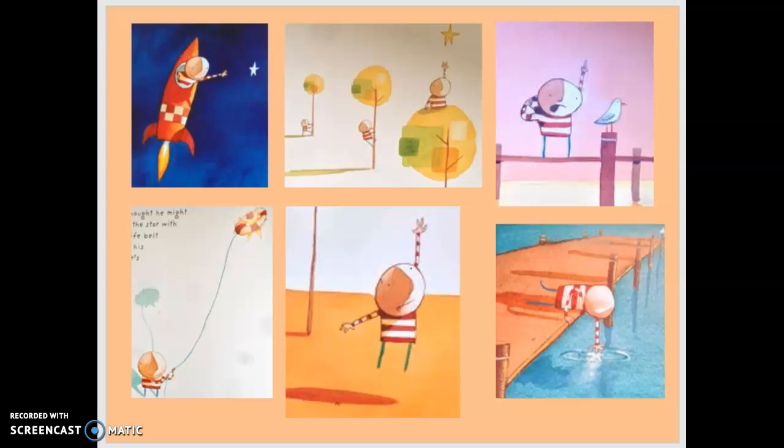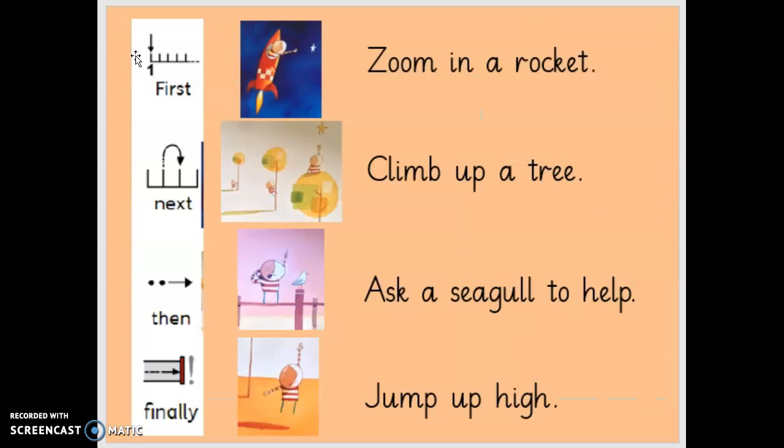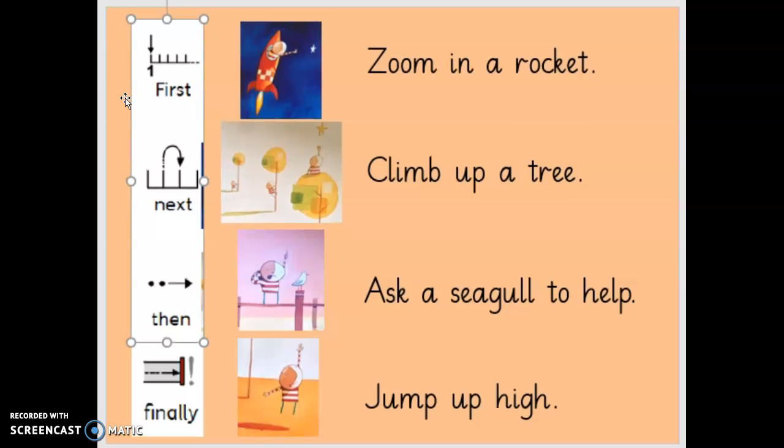Now that you've had a think about the different ways the boy has tried to catch the star, we're going to think about our instructions and then write them into the template on Thursday's literacy pack. I've got my instruction words down the side here, and I've got them in the right order.